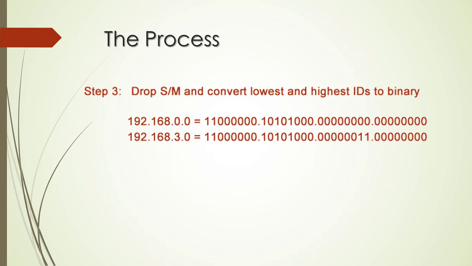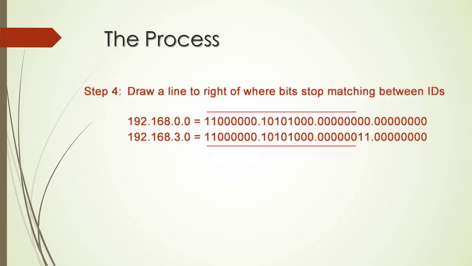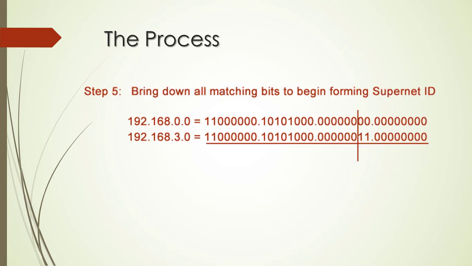So we determine which bits those are, and wherever those bits stop matching, then we want to draw ourselves a demarcation line there to indicate that those bits no longer match. Now we simply compare the bits and we bring down the same bit where they match in our individual subnets to begin forming our supernet ID.